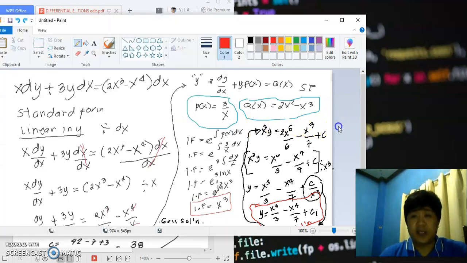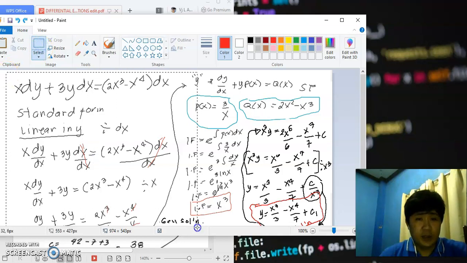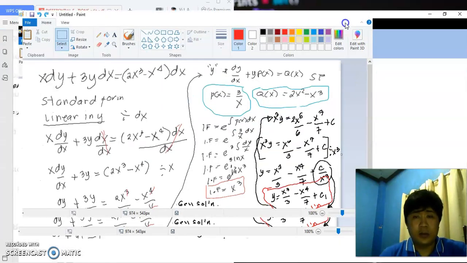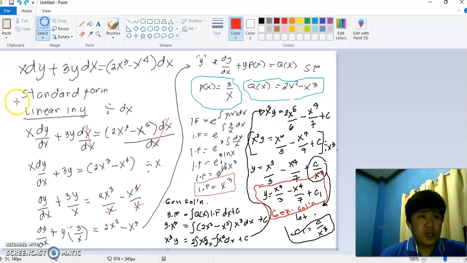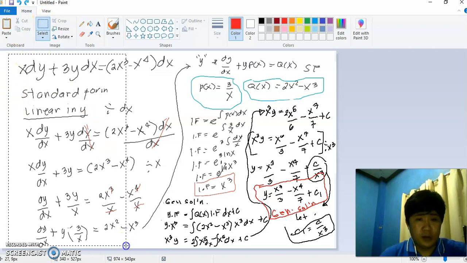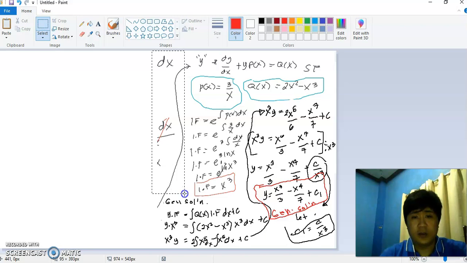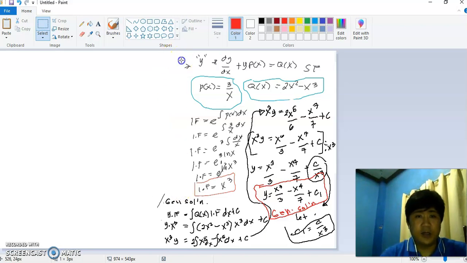Let me clear this one so that we can have space to solve.